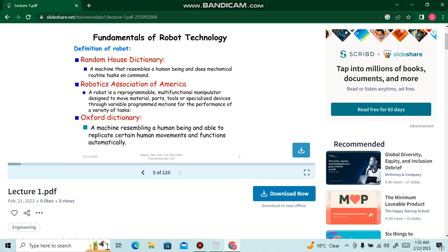Robotics Association of America: a robot is a reprogrammable manipulator designed to move materials, parts, tools, and specialized devices through variable programmed motions for the performance of a variety of tasks. Oxford Dictionary: a machine resembling a human being and able to replicate certain human movements and functions automatically.